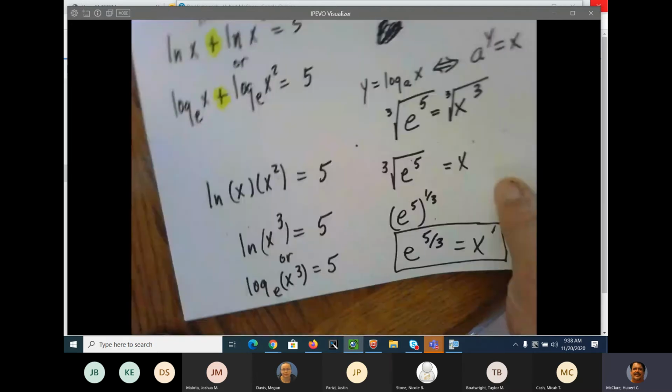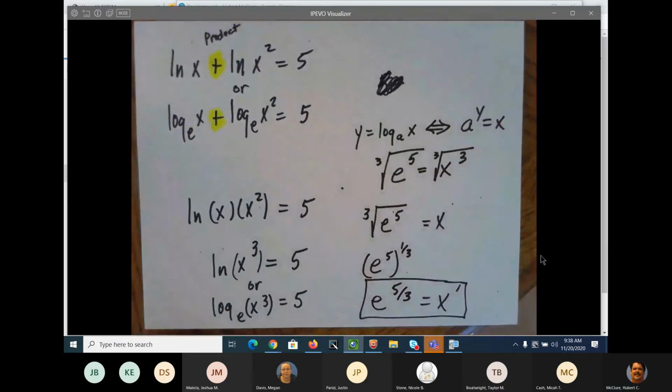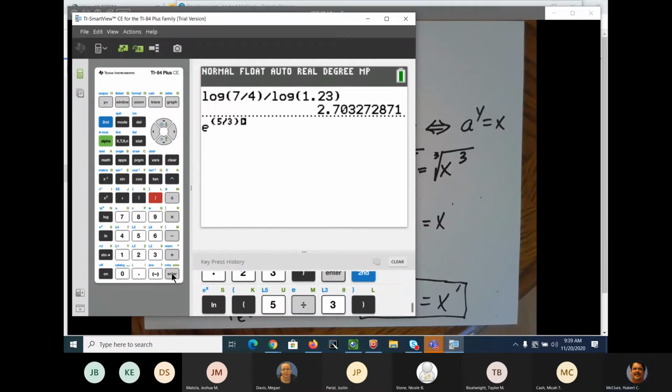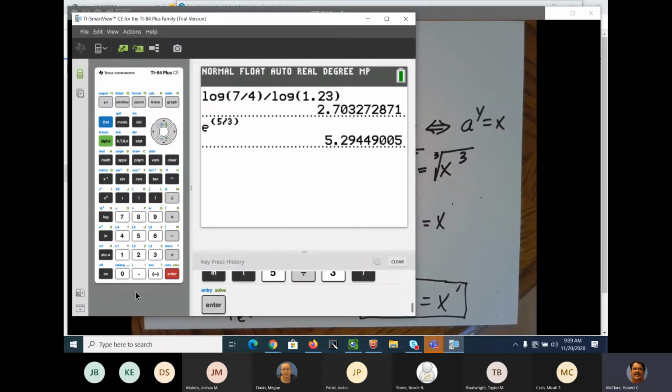So take your handy dandy calculator, and that's going to be second e, parentheses 5 divided by 3, and e to the 5/3 is equal to 5.294.